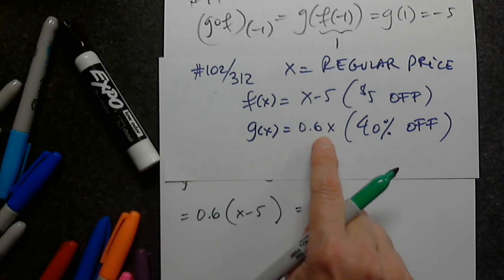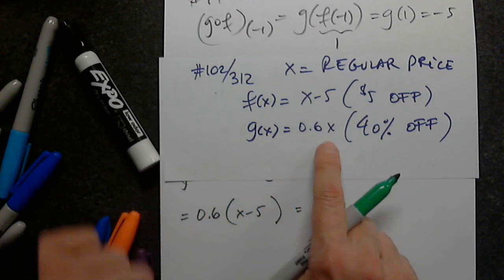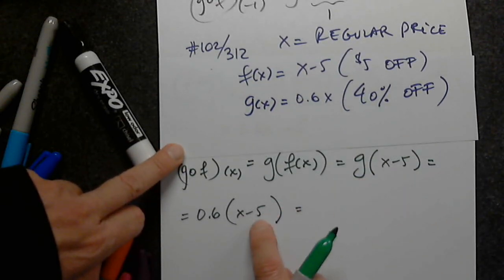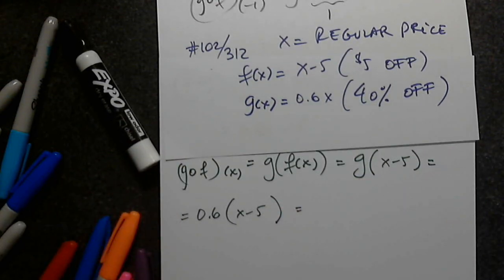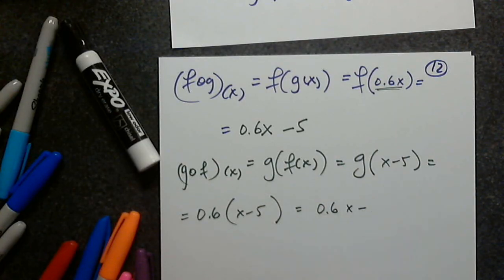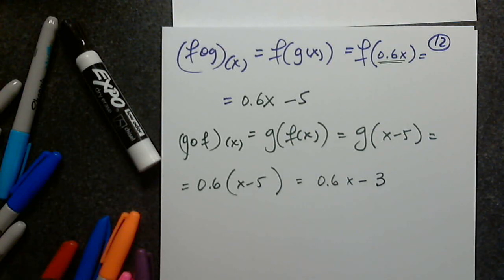Because it's 0.6 times whatever. So it's 0.6 times whatever. And then this is 0.6x minus. So 0.6 times 5 is 3.